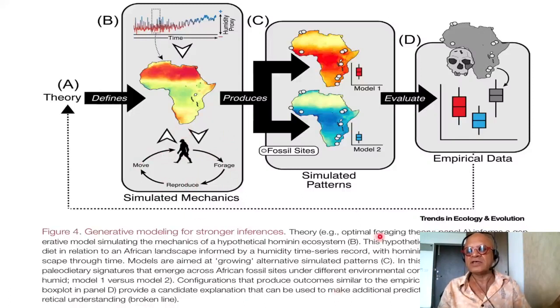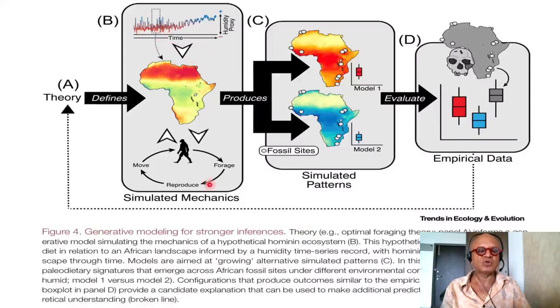So theory, for example optimal foraging theory in panel A, informs a generative model, which is basically a component model which integrates and produces a system and systemic response. Simulating the mechanics of a hypothetical hominin ecosystem in B.